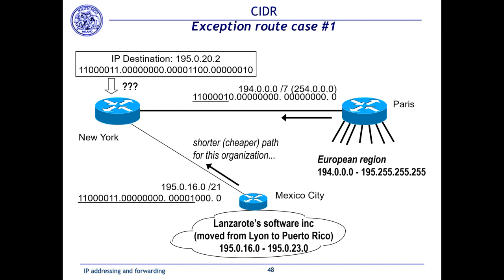But this means that all the equipment of the company located in the Mexico City site has to be reconfigured, changing all the addresses that were originally configured when the equipment was in Europe. And so it's not really comfortable for the company.